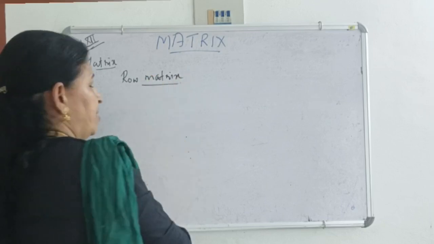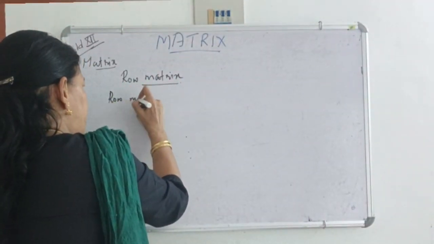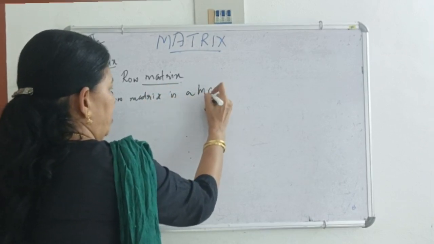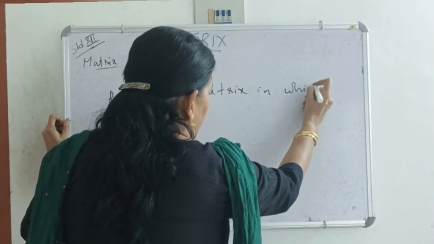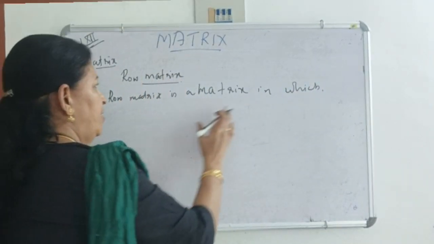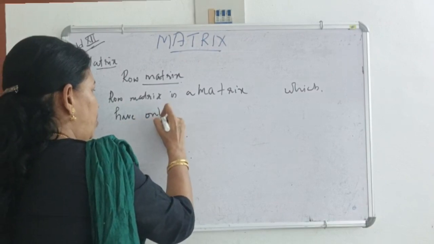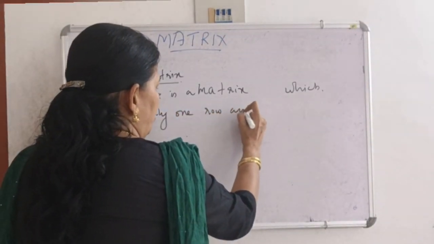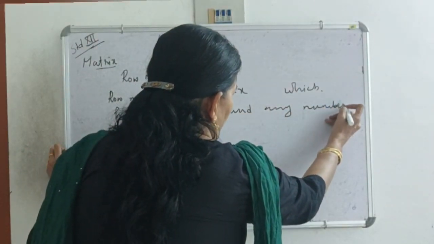Row matrix. A row matrix is a matrix which has only one row and any number of columns.